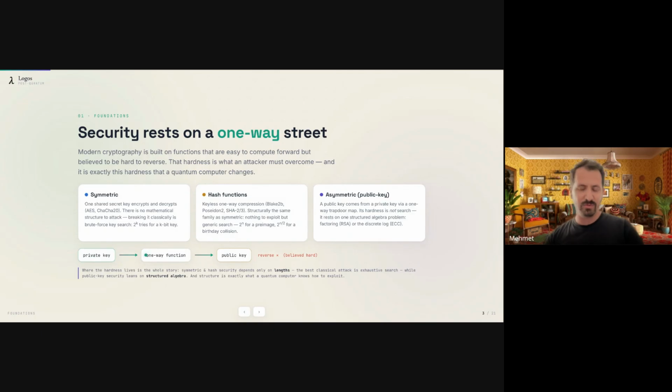If you want to encrypt something for someone, you can use their public key, and they can decrypt that message using their private key. Also, from the asymmetric perspective, there are digital signatures: using your private key, you can sign messages, and everyone can verify using your public key.